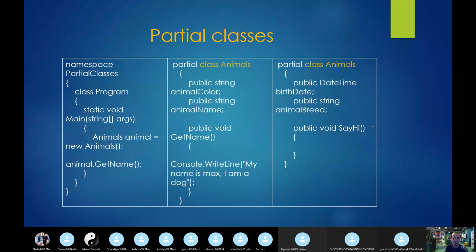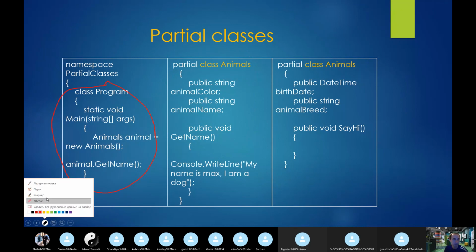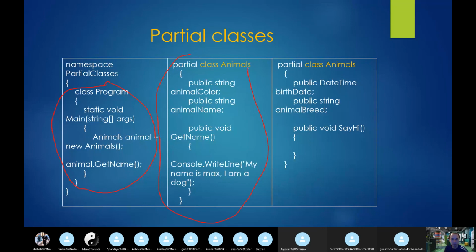Let's take a look at the example here. We have the class program, our basic class, where we create an object. Then we have the partial class animals, and also the partial class animals.